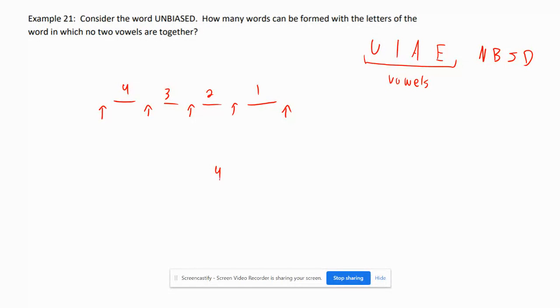So this answer is going to be 4 factorial times 5 pick 4. The answer to that is 2,880.